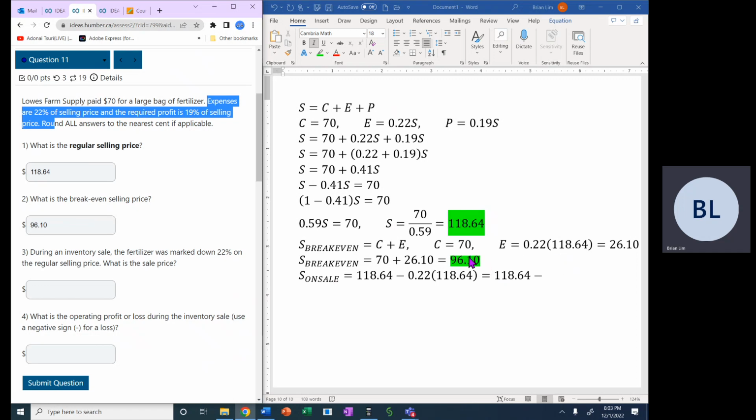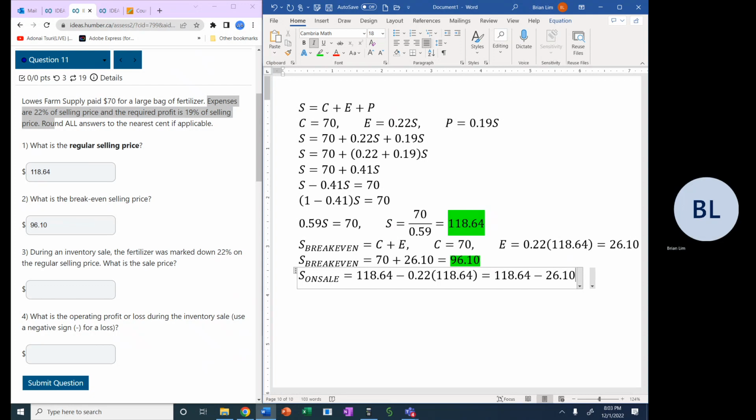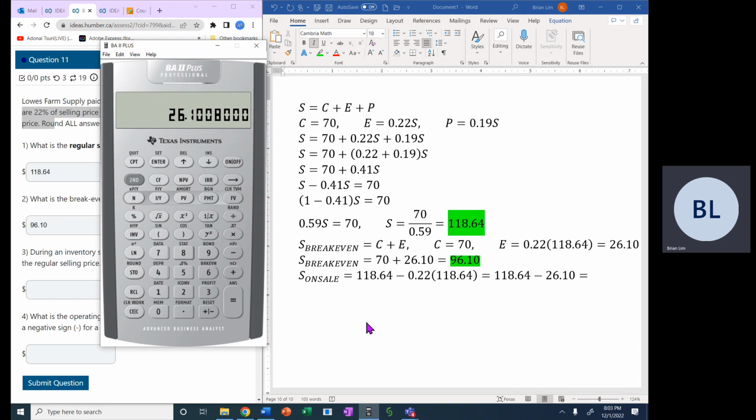So if we do that subtraction, we could make 26.10 negative and add it to 118.64. That would give us 92.54, rounded to 2 decimal places.